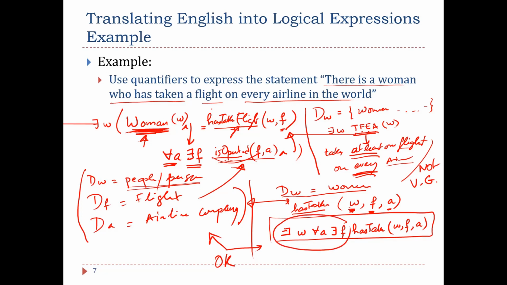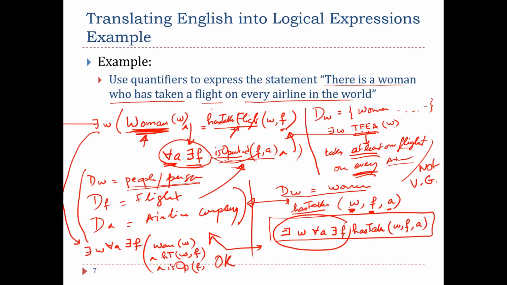So by the way, even if I'm adding the for every A and there exists an F inside the formula, since I have a conjunction, I can actually put them outside. So this formula can be rewritten as there exists a woman W, such that for every airline, there exists a flight, such that, and I repeat the same predicate, woman of W is true and has taken the woman the flight F and is operated the flight by the airline A. Okay, so no problem.